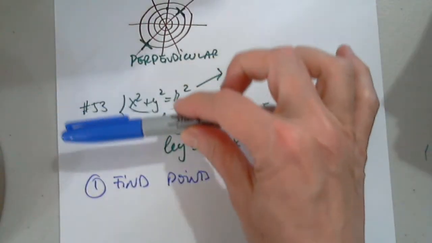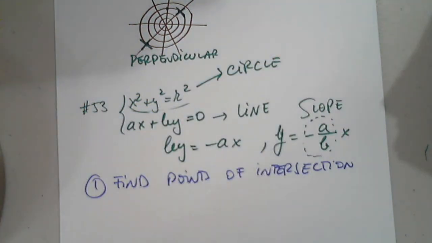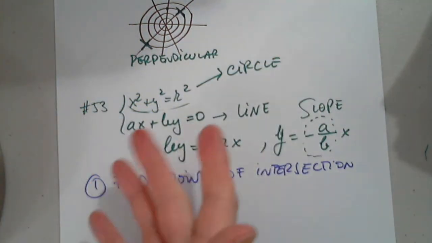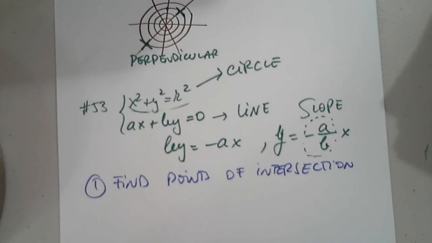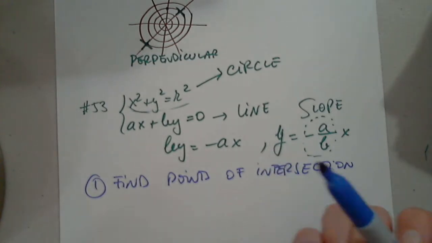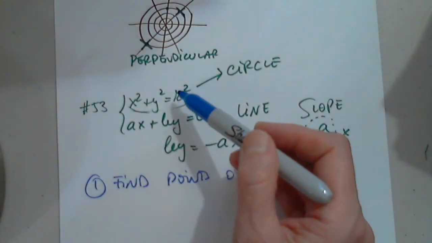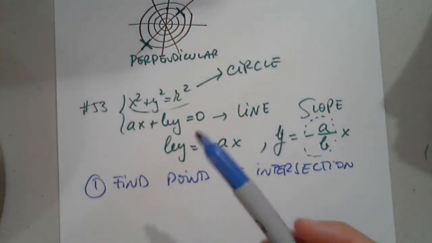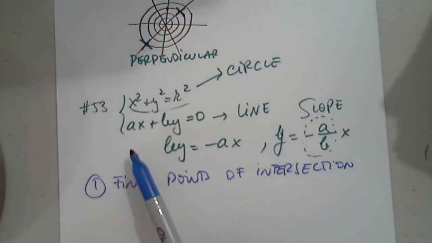I have 2 equations. I want to know if they ever intersect. If they don't intersect, I don't have anything to discuss. Set them equal to each other. Yes. In other words, not set them equal to each other, but solve, right? If I had 0 here, I would have set them equal to each other, but I can't. I have to solve.